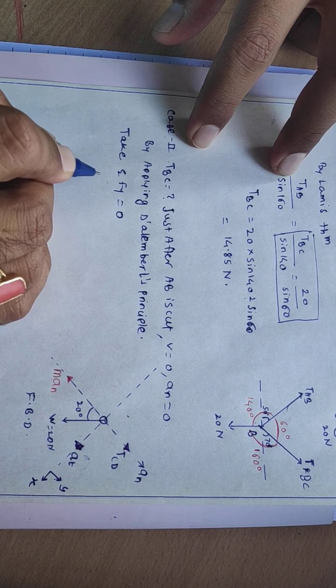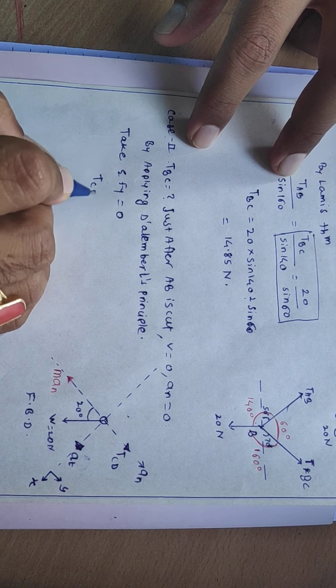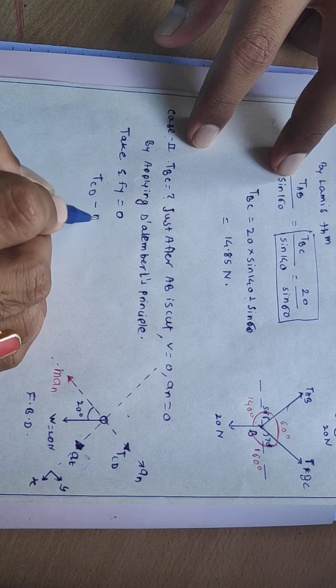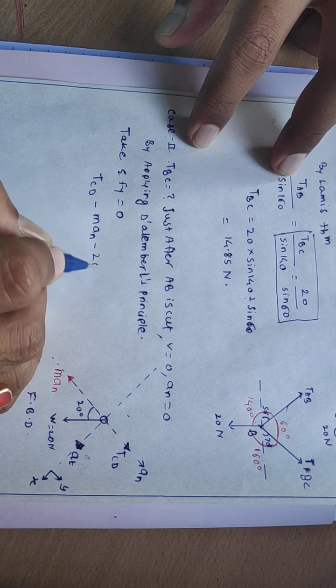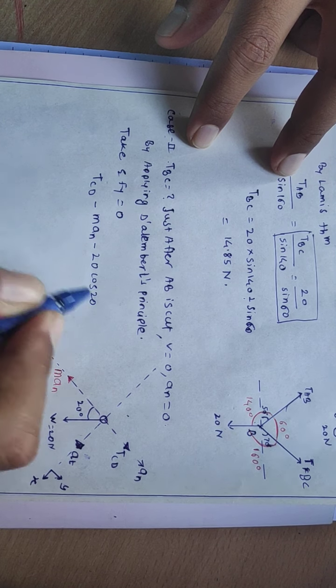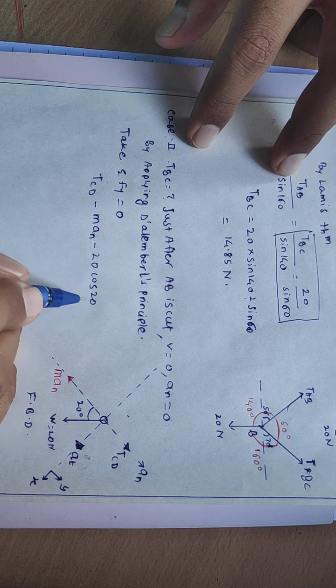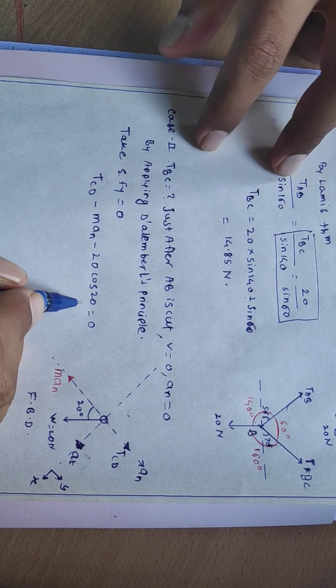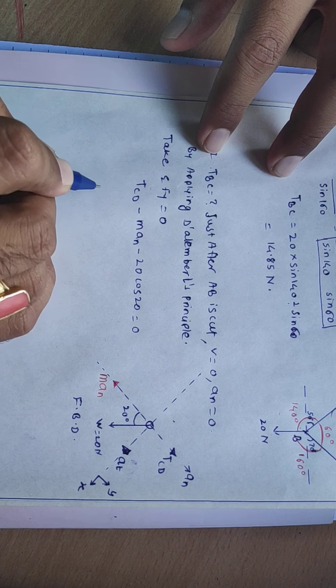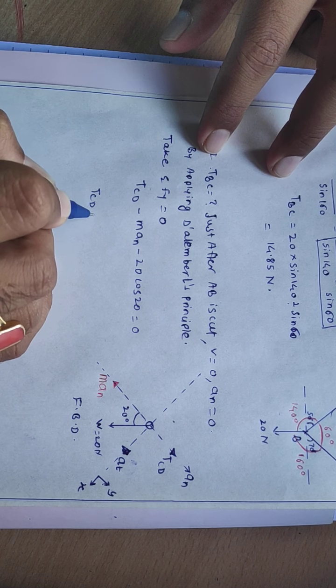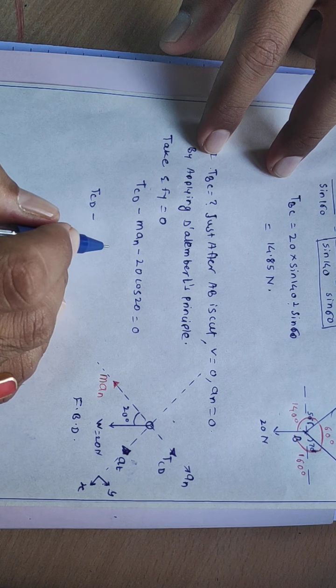Then we can write TCD minus MAN minus 20 cos 20 is equal to 0. By solving this we can get the value of TCD.